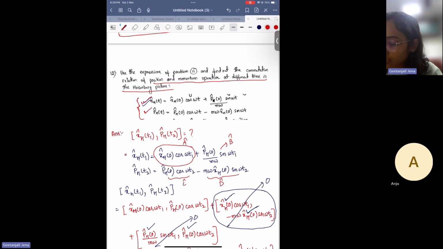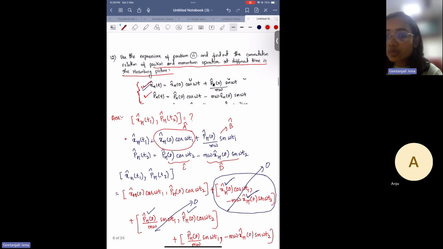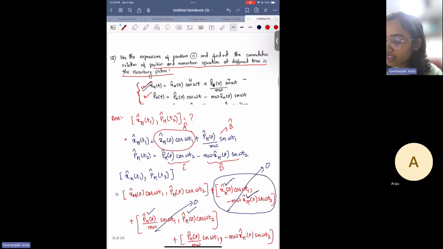Now it is asking what will be the commutation relation of this position operator and this momentum operator at different times in the Heisenberg picture, at different times T1 and T2.